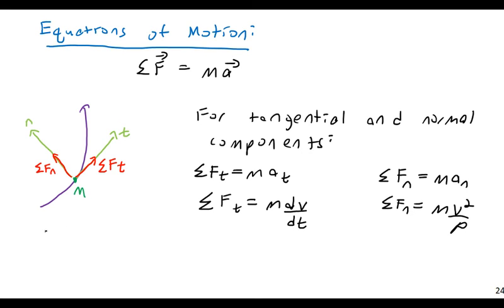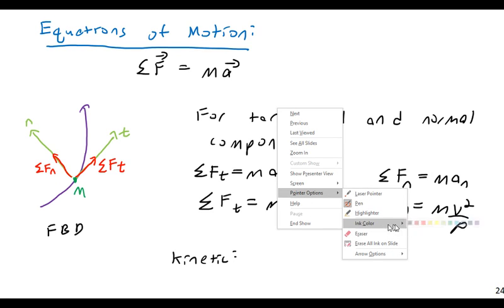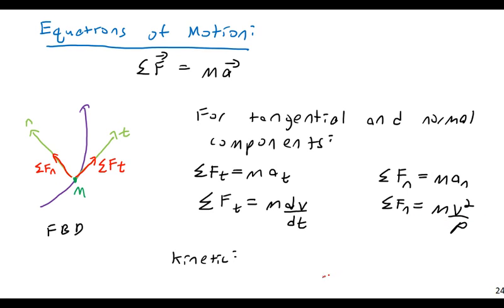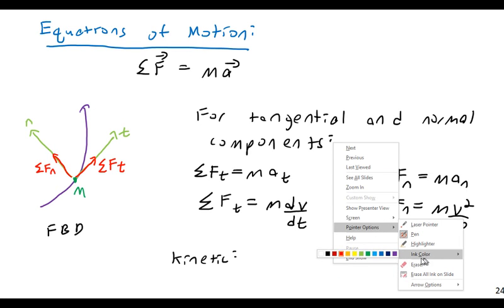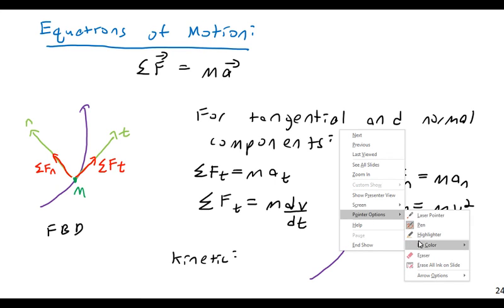And so this would be something like a free body diagram in a rotational system, and this would be something like a kinetic diagram here. I'll draw it down here. It would be something like this, where we have our curving path here, and a mass here.